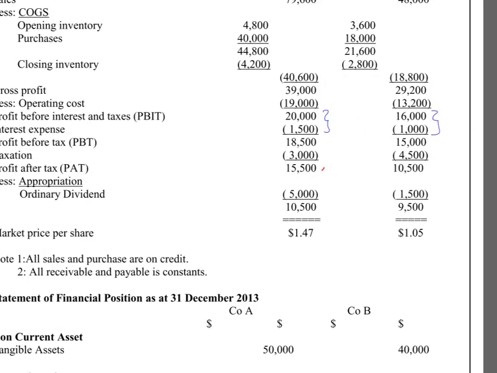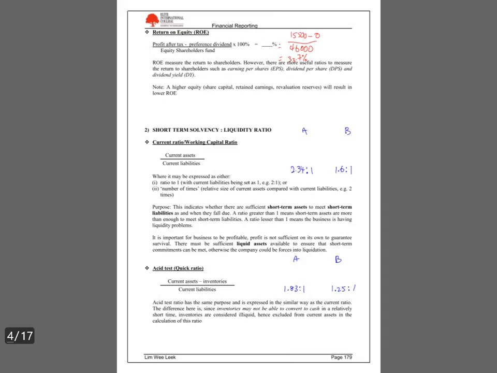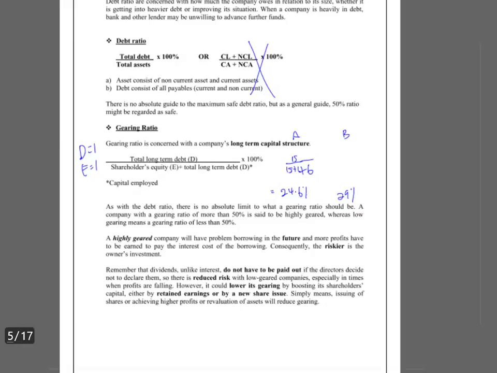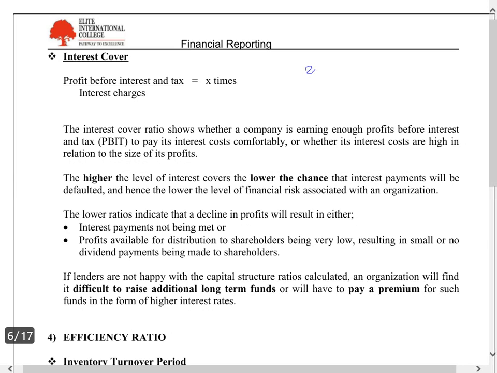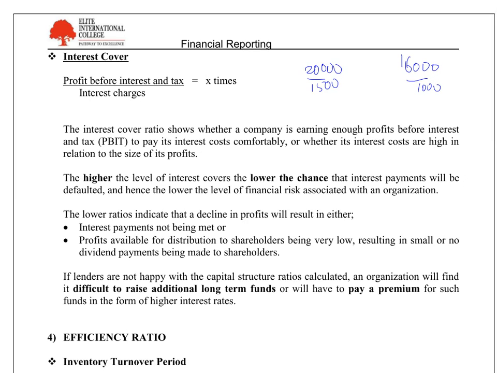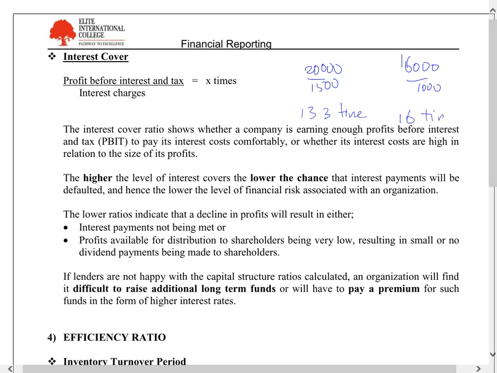So 20 divided by 1.5. Divided by 1. It's about 13 times. This one is about 16 times.